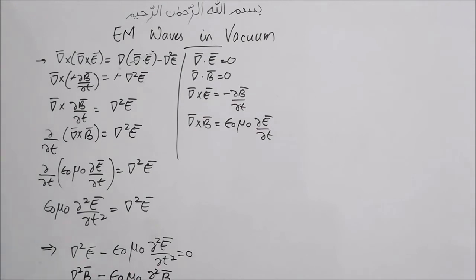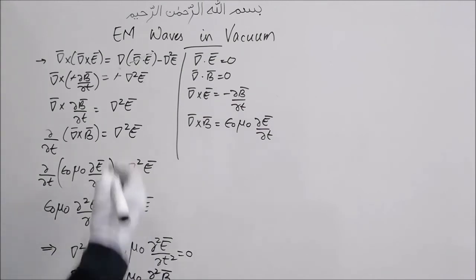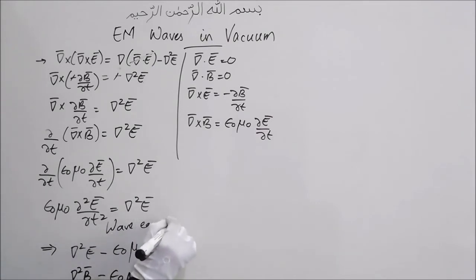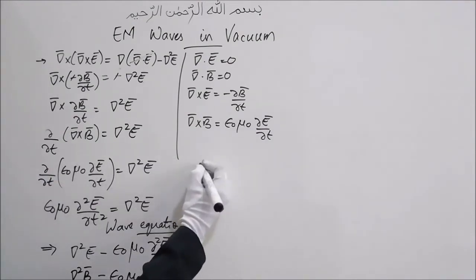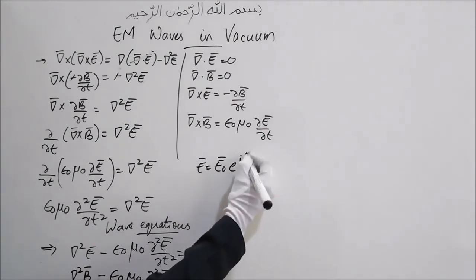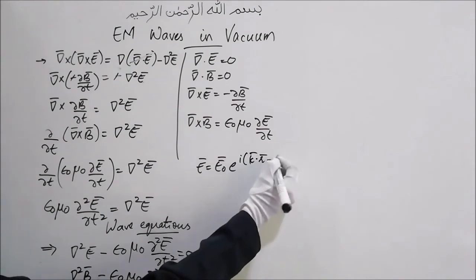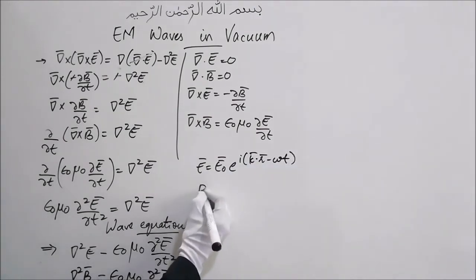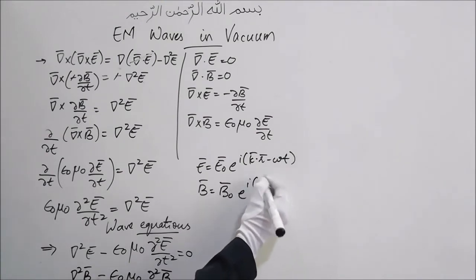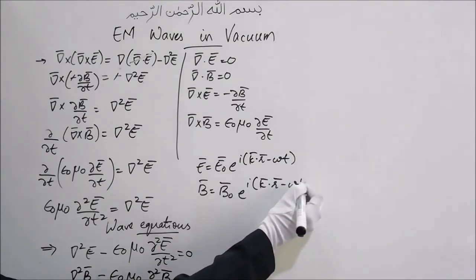These are the wave equations. The solutions of these wave equations in the general form are E bar is equal to E naught bar e raised to i (k bar dot r bar minus omega t), and B bar is equal to B naught bar e raised to i (k bar dot r bar minus omega t).